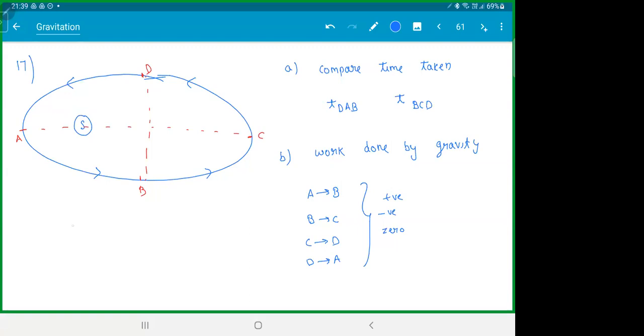Which will take more time, DCB or BCD, or are the times equal? And what is the work done by gravity, positive, negative, or zero?